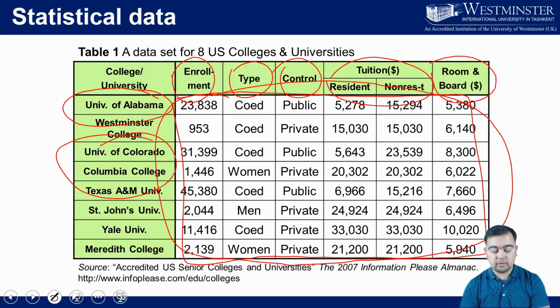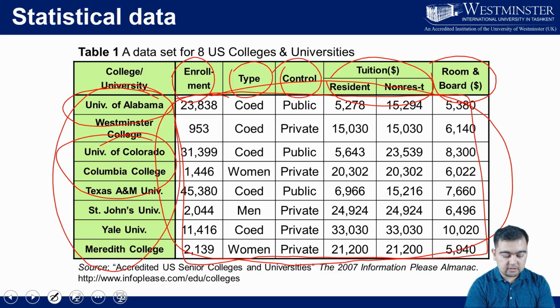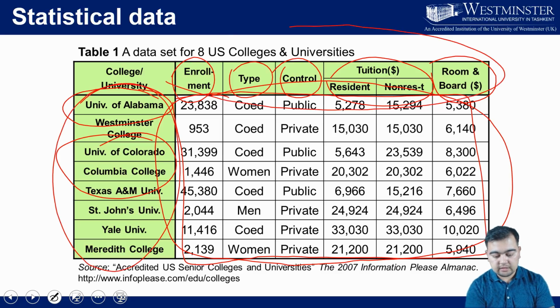And at the same time, this one is aggregated data. Why? Because you have already grouped the data by the universities against the available variables that you have. So this table is aggregate data as well as secondary data because it's already tabulated or processed, or we say analyzed, and it also represents both qualitative and quantitative data. Okay.